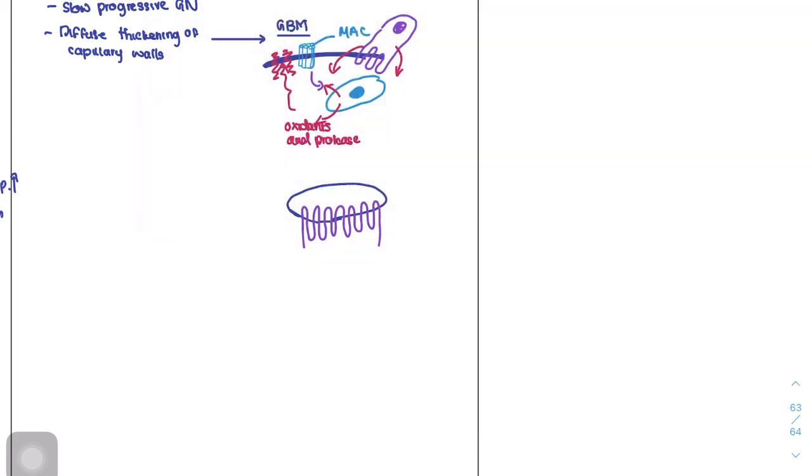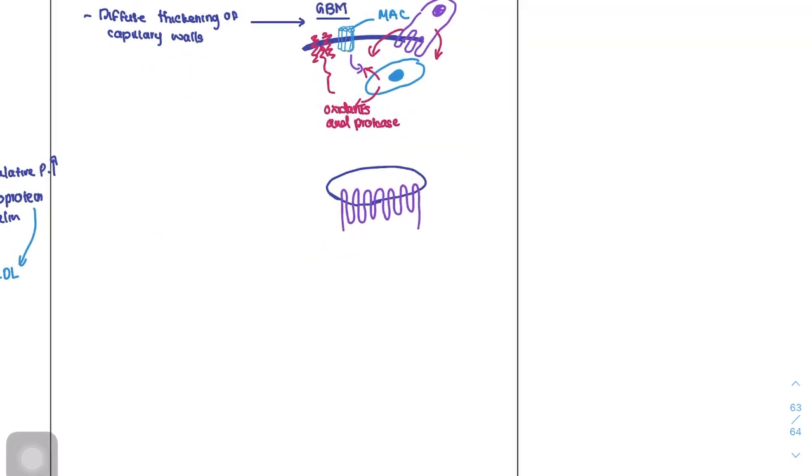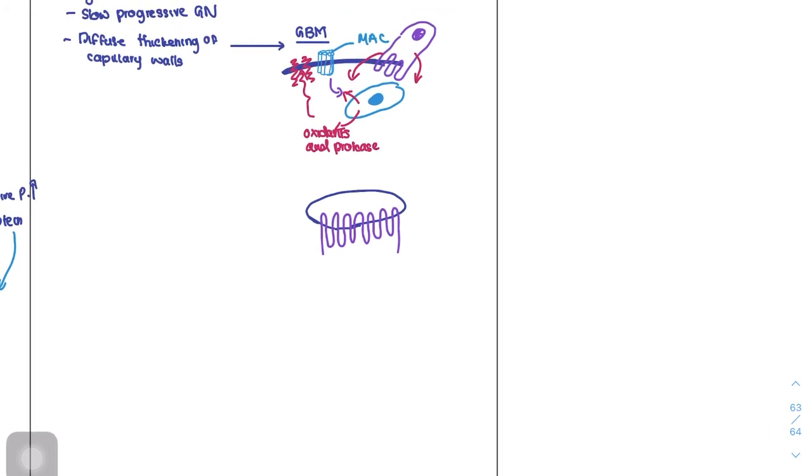These immune complexes will deposit subendothelially or in the subepithelium, wherever it deposits, it is going to cause the production of oxidants and proteases, which will destroy the membrane. Like this.